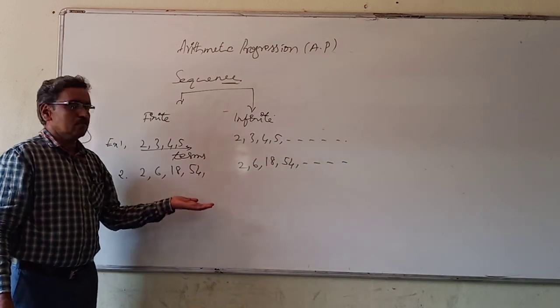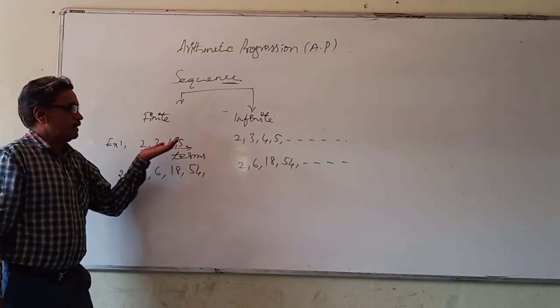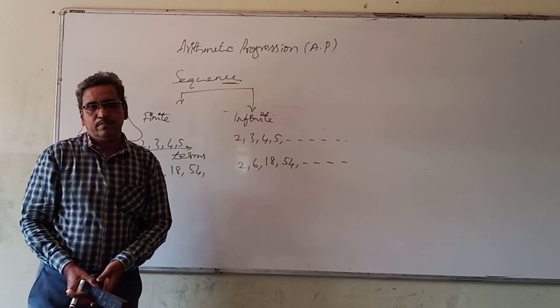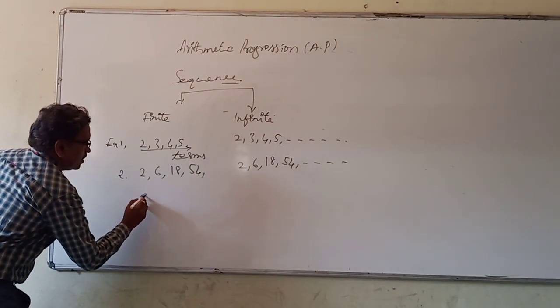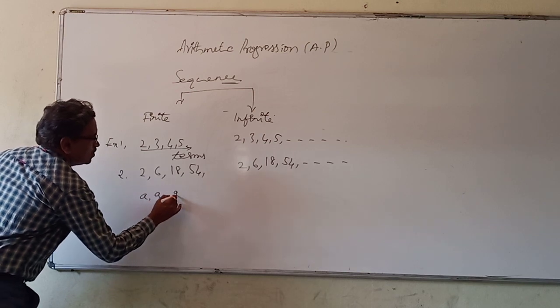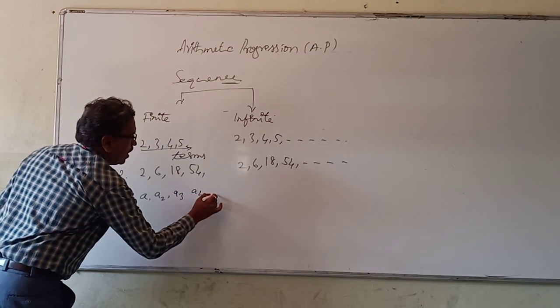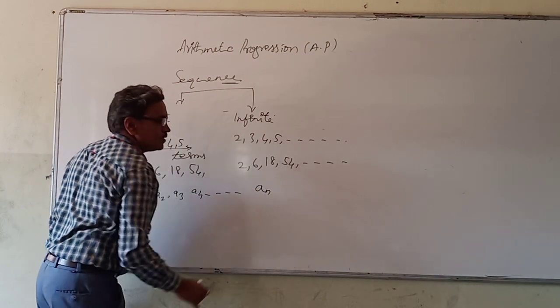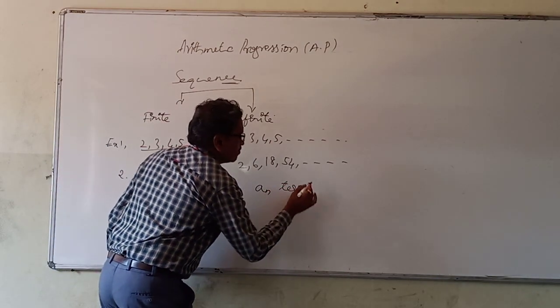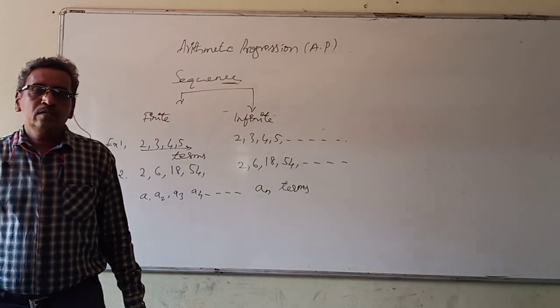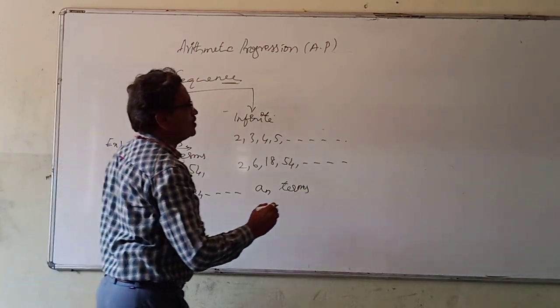So by observing this, you can tell this is a finite sequence and this is an infinite sequence. We can write these as a1, a2, a3, a4 and so on, an. These are said to be terms of the sequence.